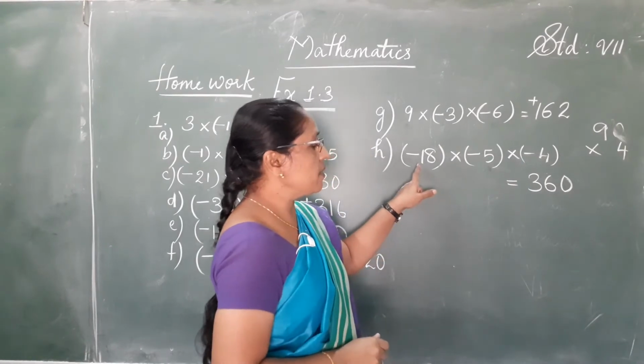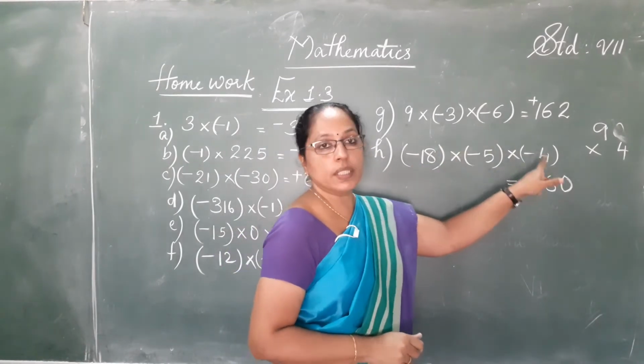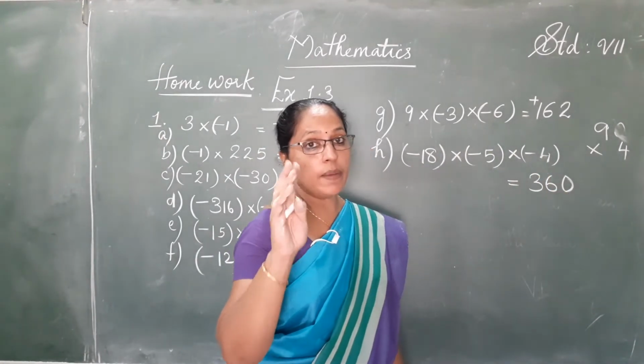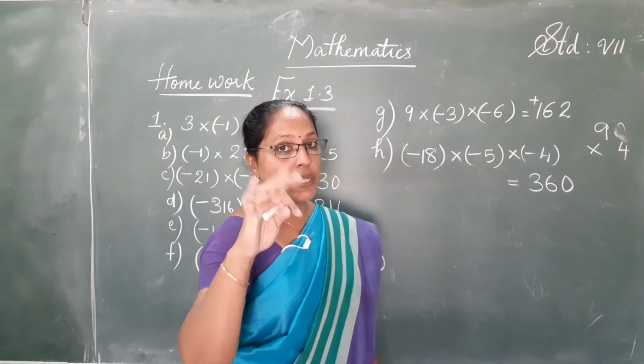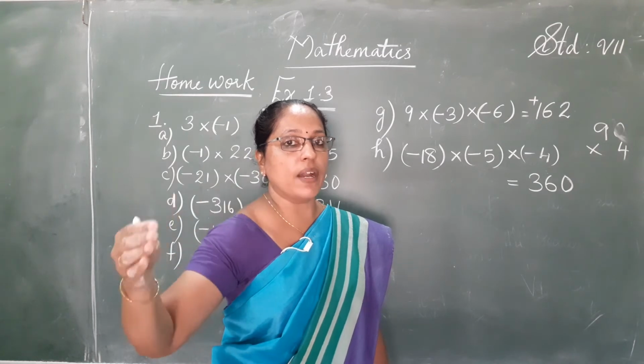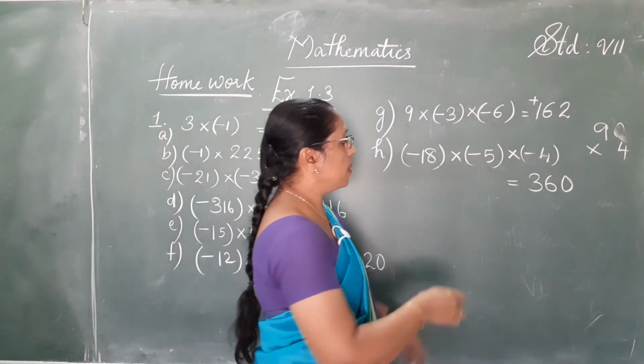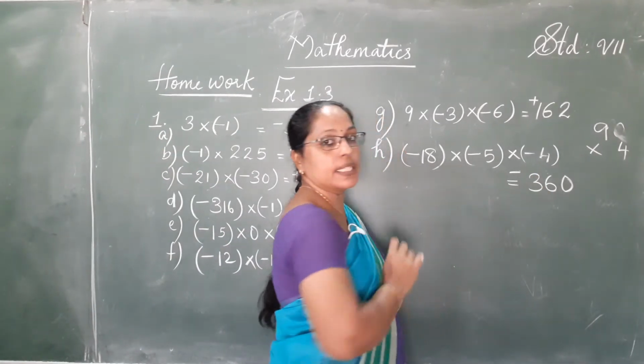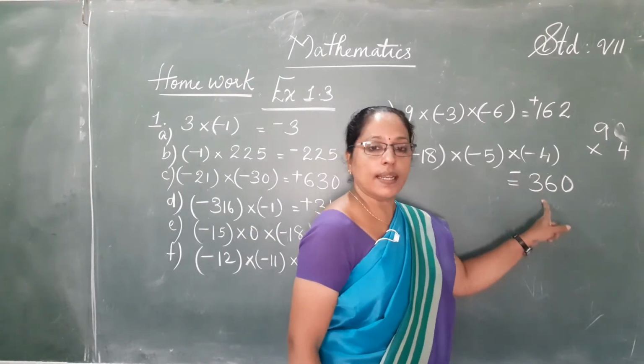Now count the negative signs: 1, 2, 3. The negative sign has come 3 times, an odd number of times, so the answer will be negative. So negative 360.